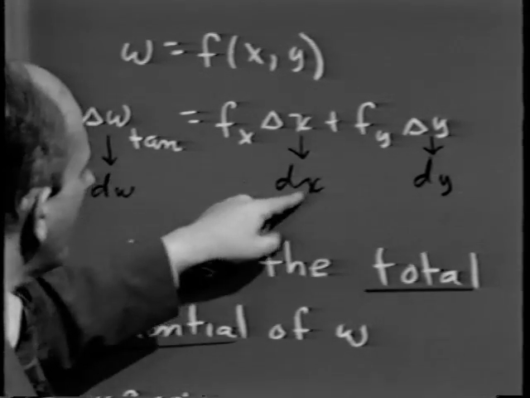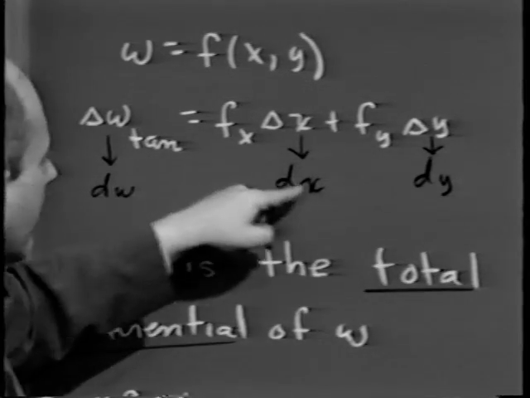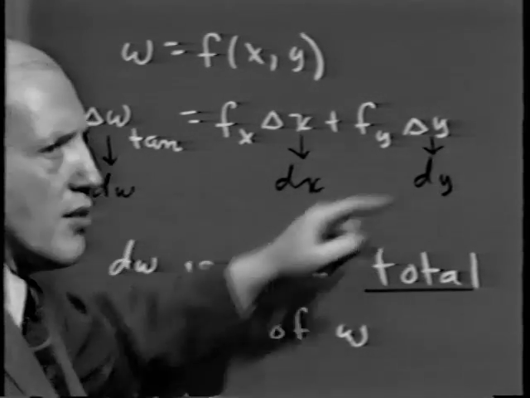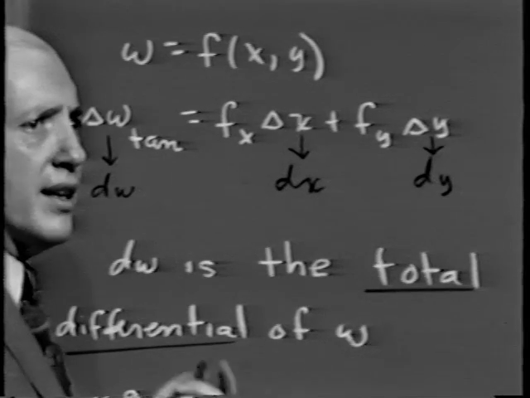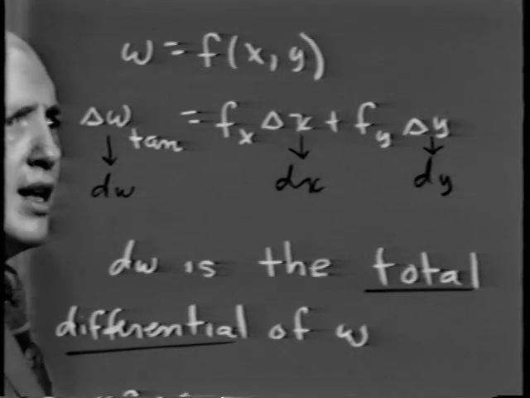Linear combinations of dx and dy, a constant times dx plus a constant times dy, and we're into the subject of linear equations, which we will talk about next time.